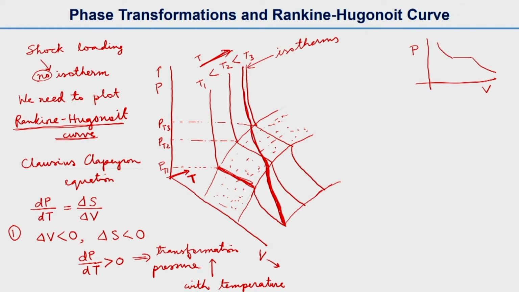So it will go something like this, which means the temperature will change. It may be a little difficult to understand in this case, so in the next slide we'll have a simpler curve, and this Rankine-Hugoniot curve I will write as RH.